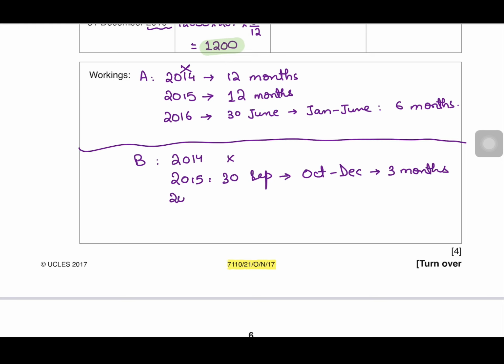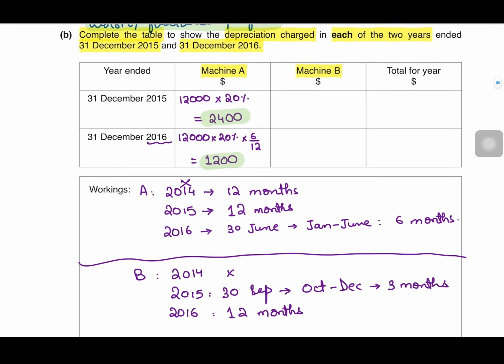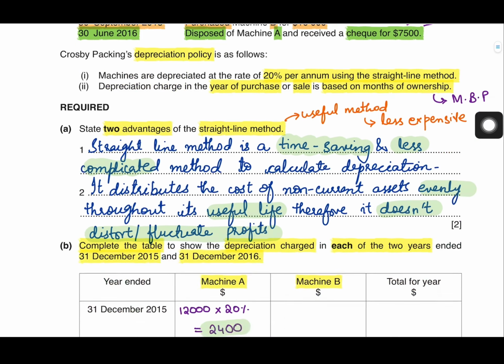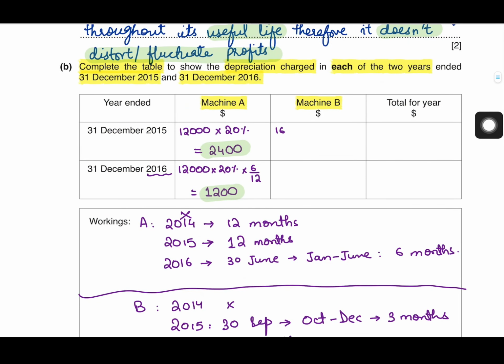However, in 2016, since it is not being sold in 2016, it remained in the business for full 12 months, right? Now for machinery B, what is the cost? The cost is $16,000. So $16,000 multiplied by the rate, and not fully a depreciation, but rather for 3 months only. So that would be $800 in the year of purchase, right?